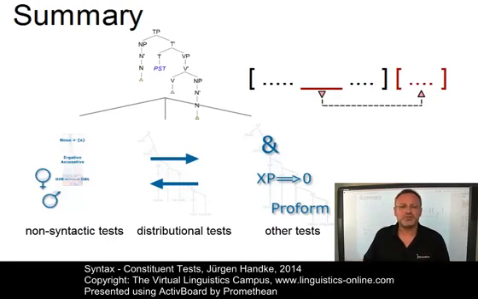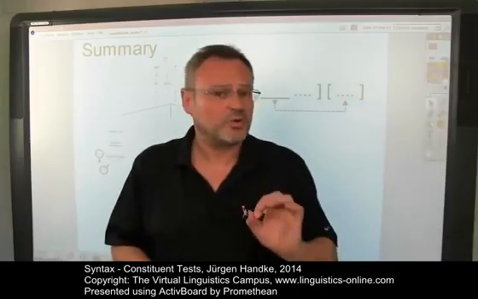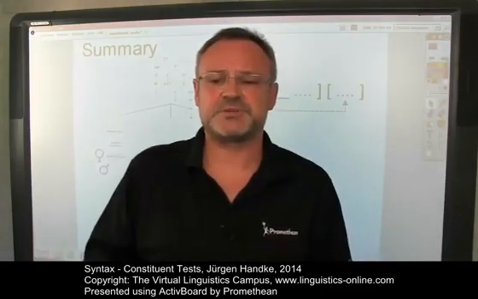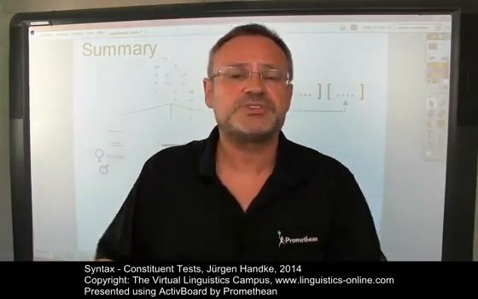So whenever we postulate such constituents, and even intermediate constituents such as N-bar or V-bar, have you heard about them? Well, whenever we do that, we will come back to one or several of the tests we discussed in this e-lecture. So make sure you not only remember these tests, but more importantly, that you always know how to apply them.